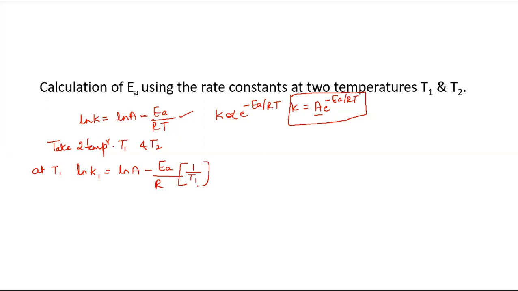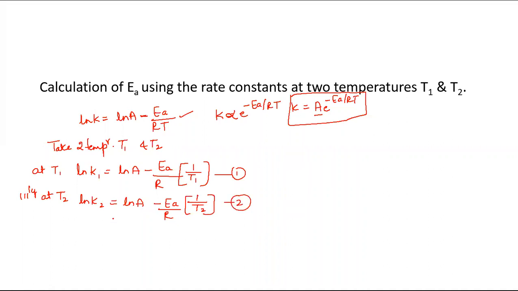Consider this as equation 1. Similarly, at temperature T2, we get ln K2 is equal to ln A minus EA by R times 1 by T2. Consider this as equation 2.